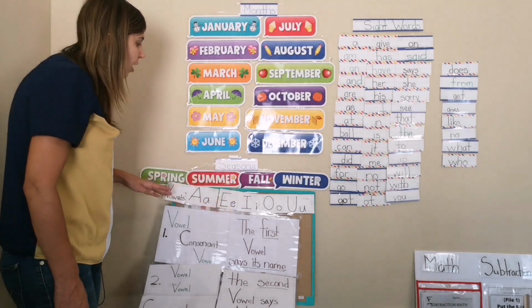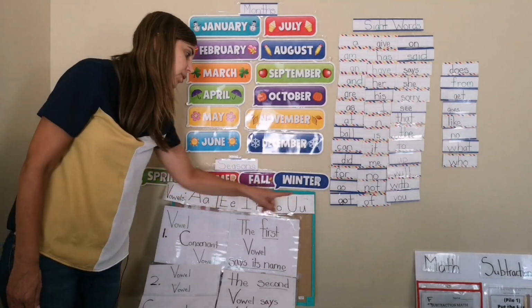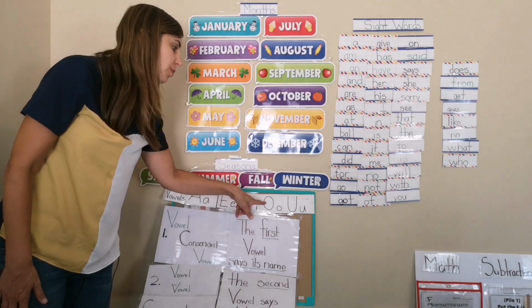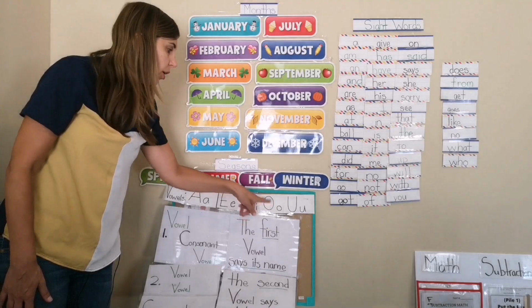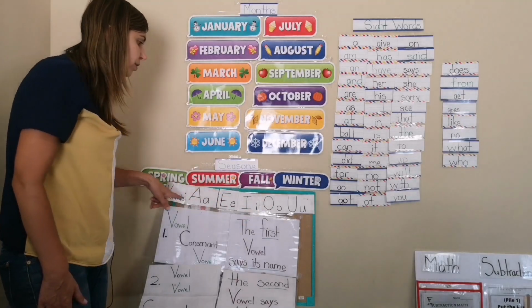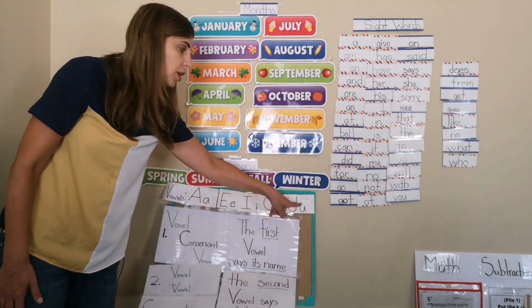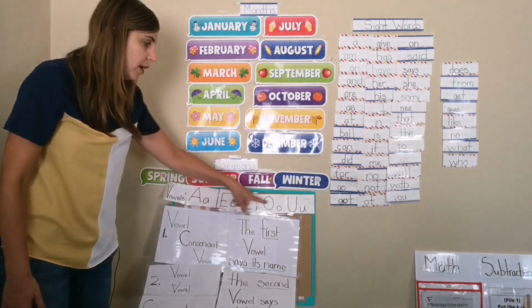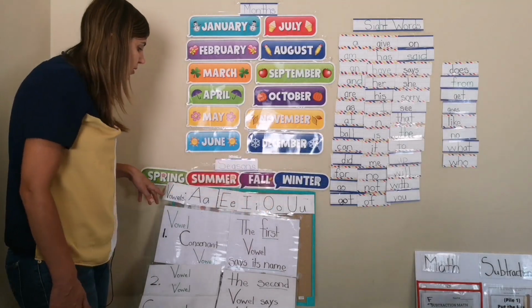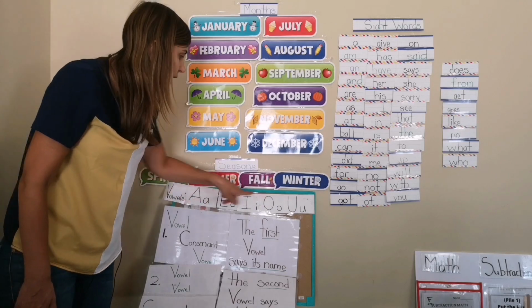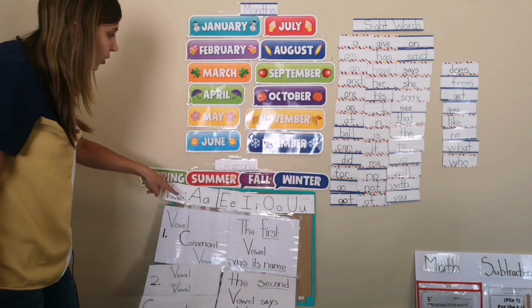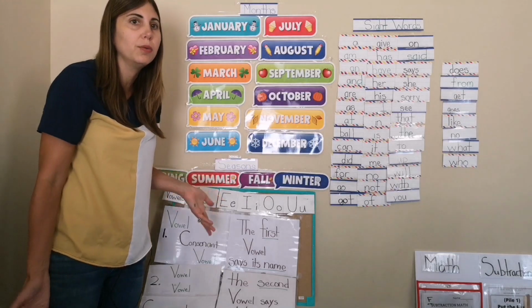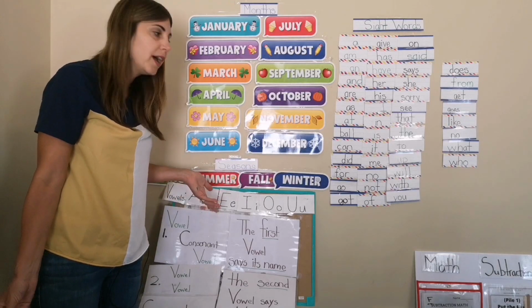I is a vowel, A-E-I-O-U. O is a vowel, a vowel, a vowel. O is a vowel, A-E-I-O-U. U is a vowel, a vowel, a vowel. U is a vowel, A-E-I-O-U. Those are our vowels, our vowels, our vowels.